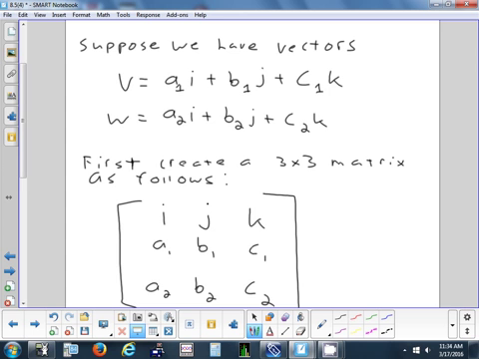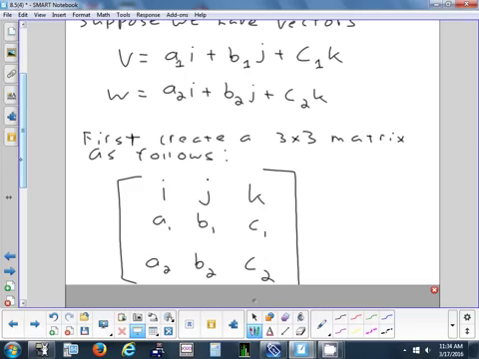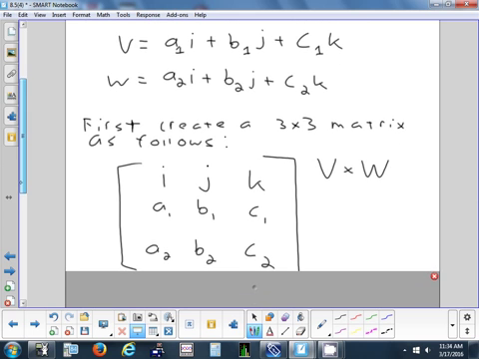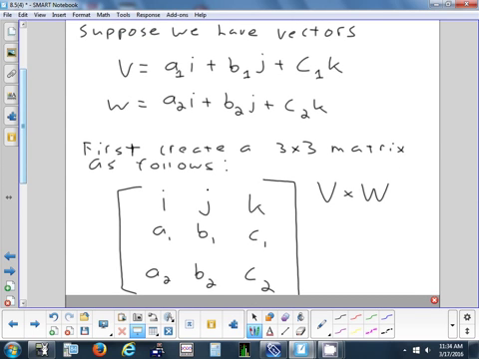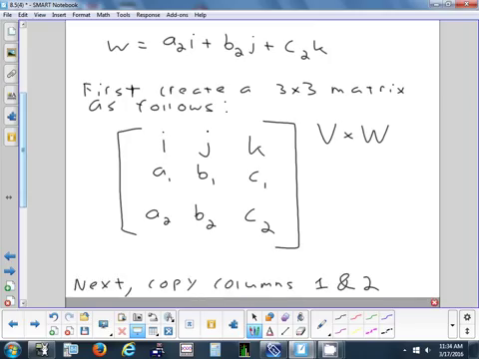You do want to make sure that we do them in the order they're listed. What we're finding here is v cross w. We're not doing w cross v. We'll look at that after and see what happens. So v is row 2, w is row 3. Does everybody have up to that matrix?